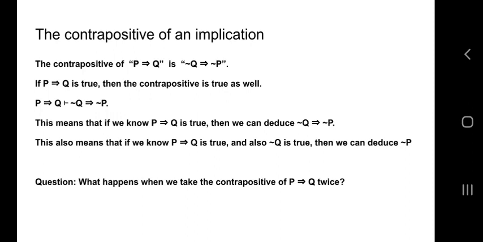Sometimes there might be some other information, so maybe we do know that P implies Q is true and Q implies P is true. On the next slide, we're going to talk about that situation in detail.